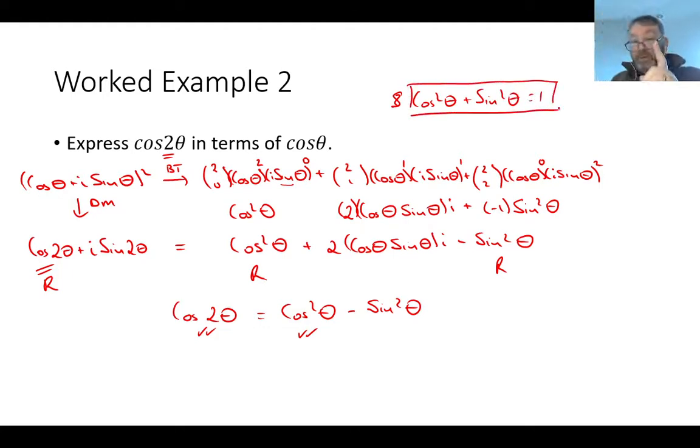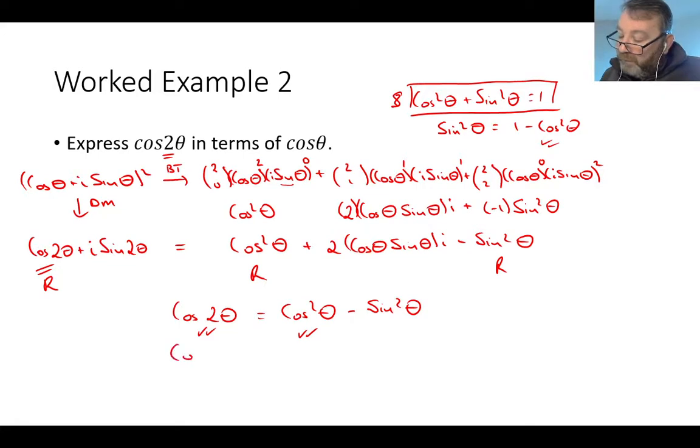That's the fundamental identity in trigonometry. Okay, now, that means that because I don't want to use sine squared, and you'll find this in your tables, you can rewrite this as sine squared theta equals 1 minus cos squared theta. See that? You just bring the cos squared over the other side, which now means that instead of using sine squared theta, I can use 1 minus cos squared theta instead.